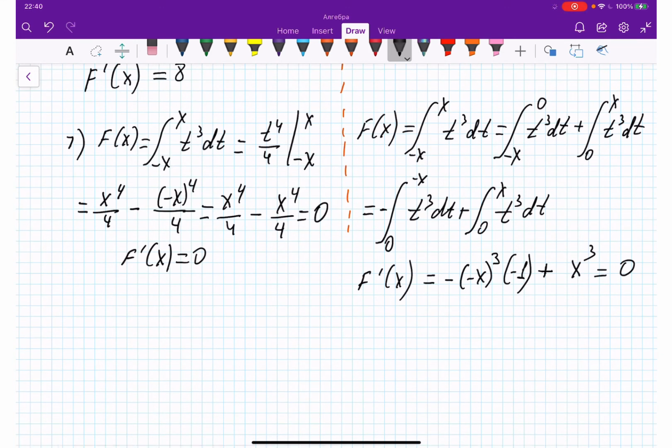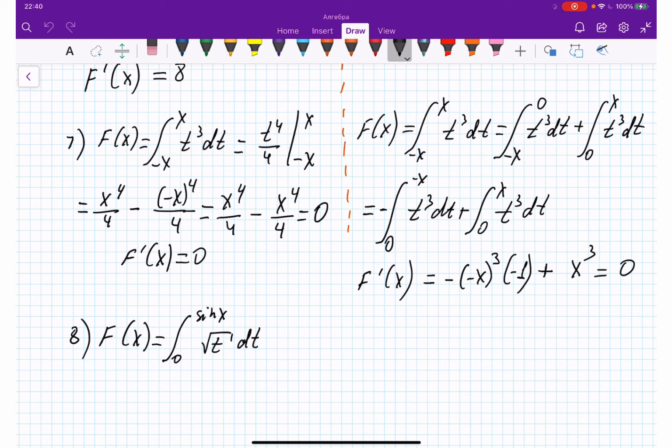Okay, all right. Number 8, we need to find the derivative again, given f of x is equal to the integral from 0 to sine x of square root of t dt.